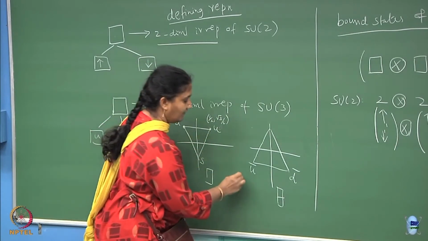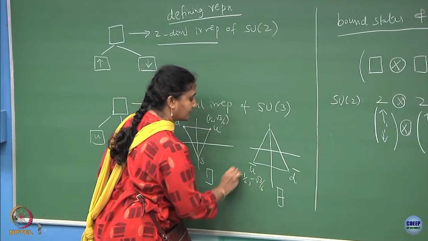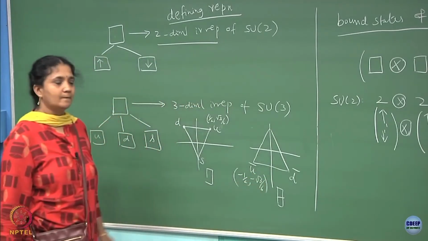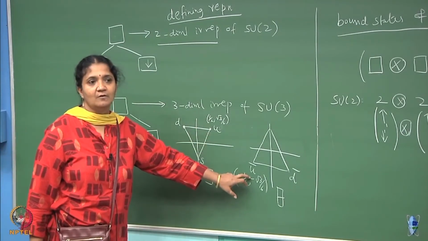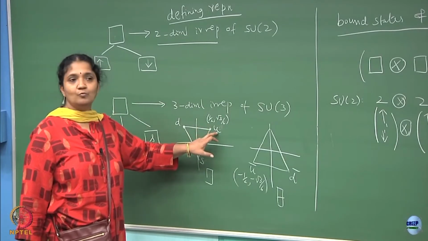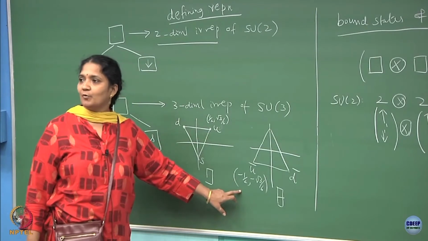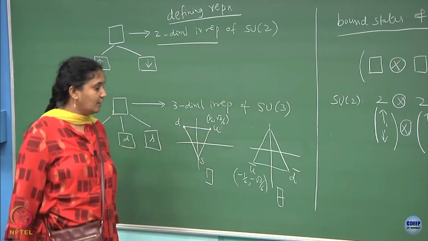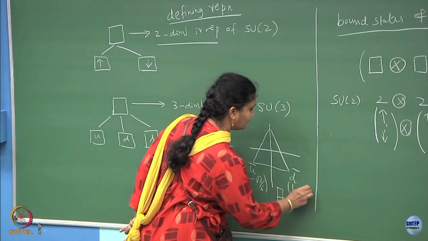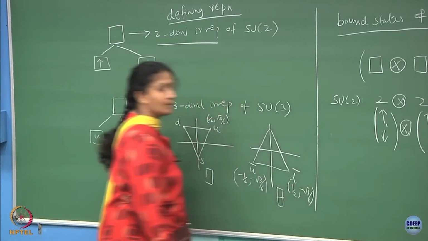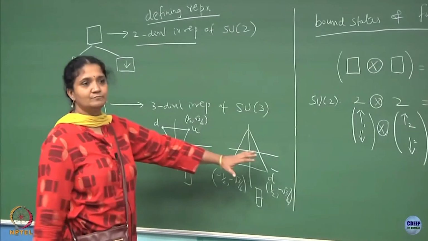So, this one will have a minus half and minus root 3 by 6. So, that is why it is an antiparticle of this U quark. Okay. So, the U quark antiparticle will have both the quantum numbers negative, and this one will have half and minus root 3 by 6, okay, and so on.